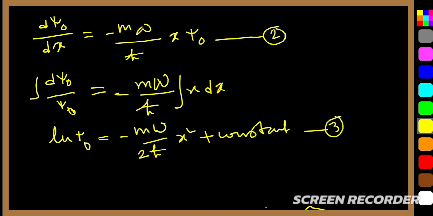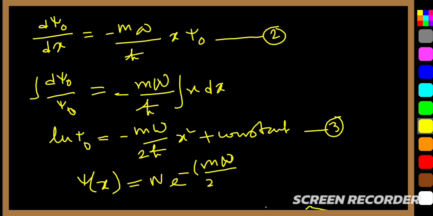Now from here we get the value of psi(x), that must be N e to the power minus m omega by 2 h cut x square. That is the fourth equation. Understood?